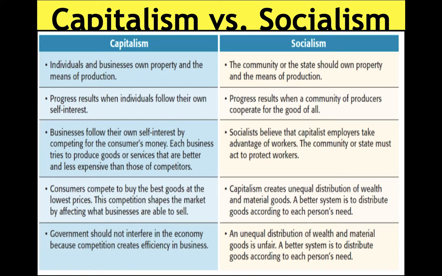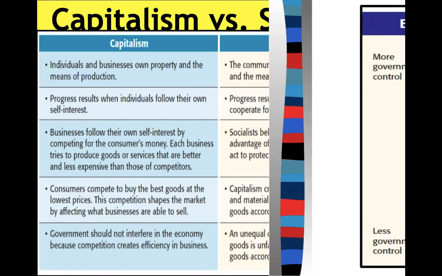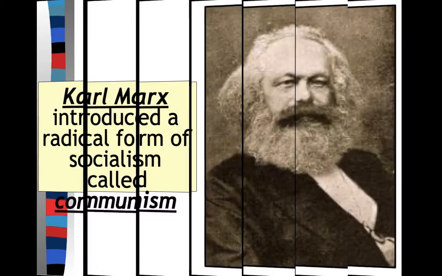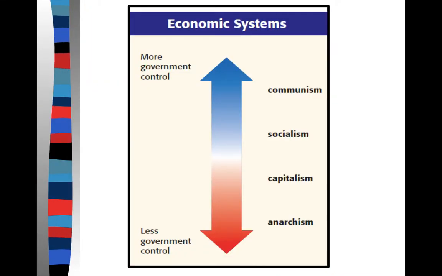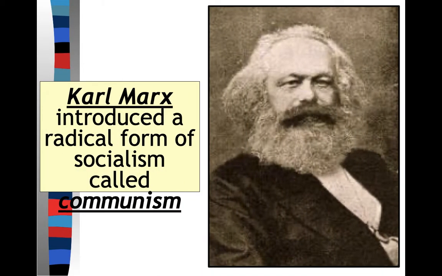Okay, so there's a side-by-side view. So your economic systems: capitalism kind of falls in the middle, with where the government controls. And then Karl Marx introduced a radical form of socialism called communism.